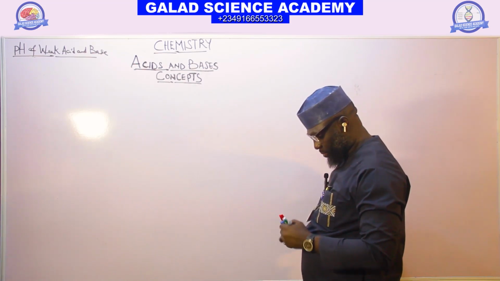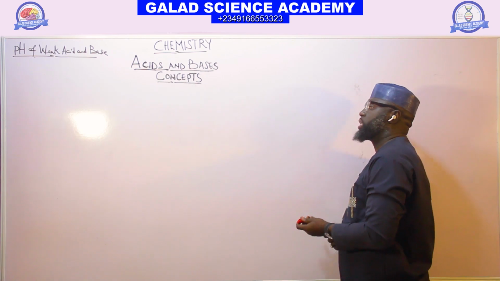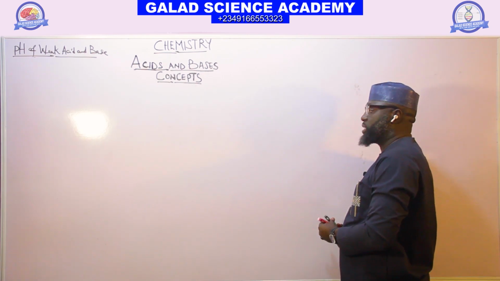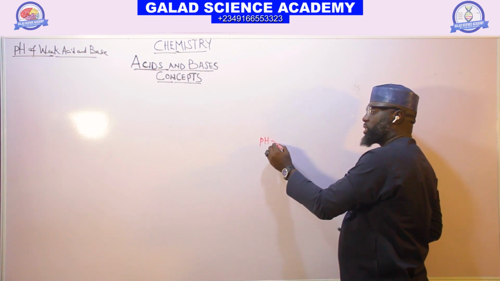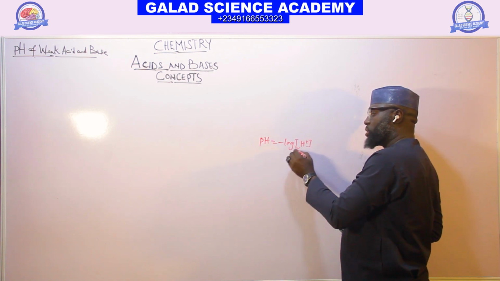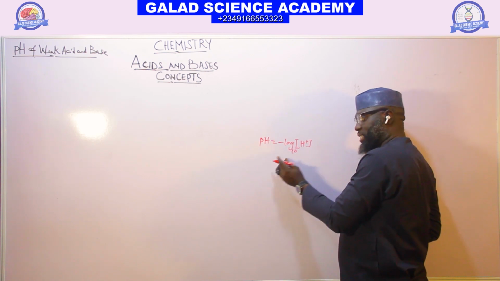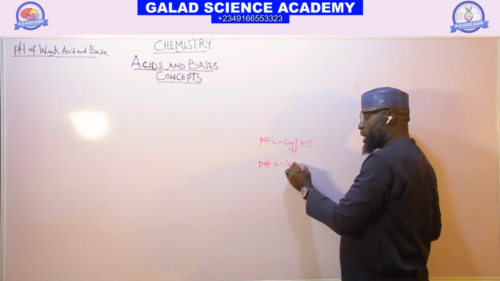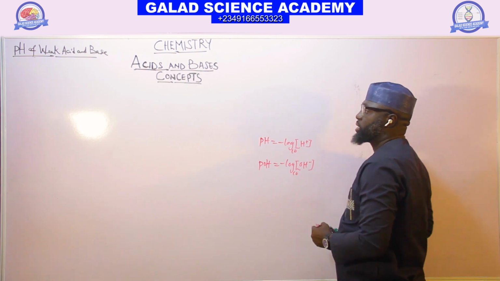Sorry, the pH that we are familiar with, which is pH equal to the negative logarithm of the concentration of hydrogen ion, is the pH formula for strong acid. This one is the pH formula for strong base.